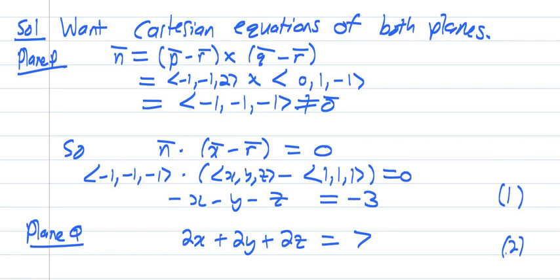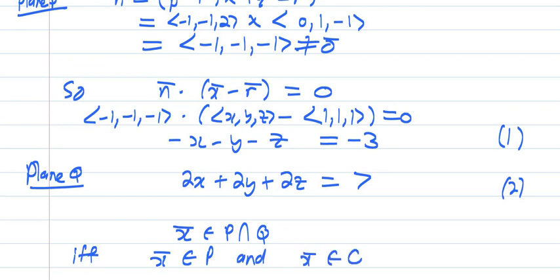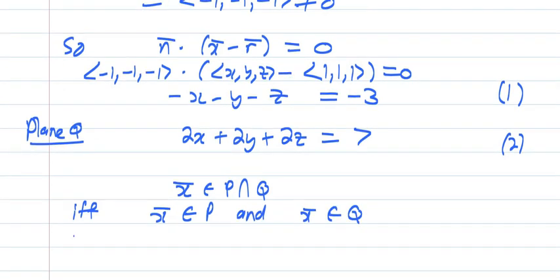All right. So now we're going to work out the intersection. Now, I quickly want to mention the following: x is sitting on both plane P and Q if and only if x is sitting on plane P and x is sitting on plane Q. This happens if and only if vector x satisfies equations 1 and 2.